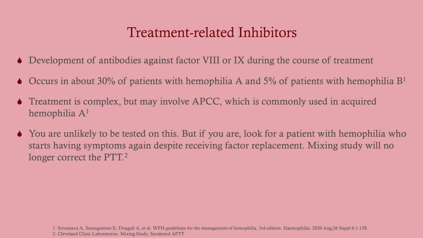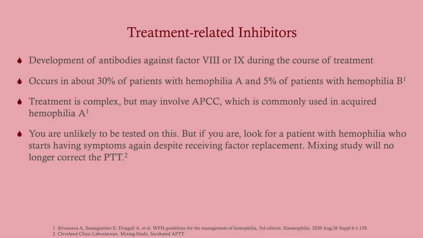Now, there's also treatment-related inhibitors. This is kind of along the same lines, but basically the way that this develops is that you've got a patient with congenital hemophilia, you're giving them factor 8 or factor 9, and then they develop these antibodies. And so basically they're developing an acquired on top of a congenital hemophilia. And so this happens fairly frequently.